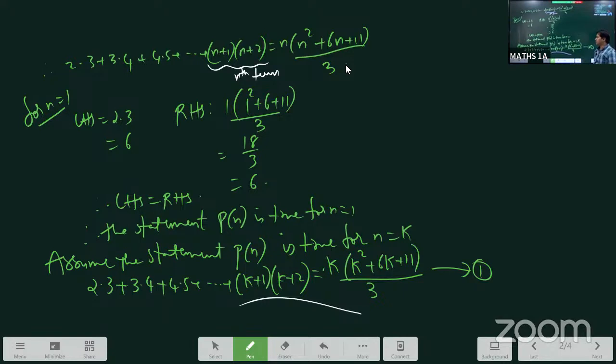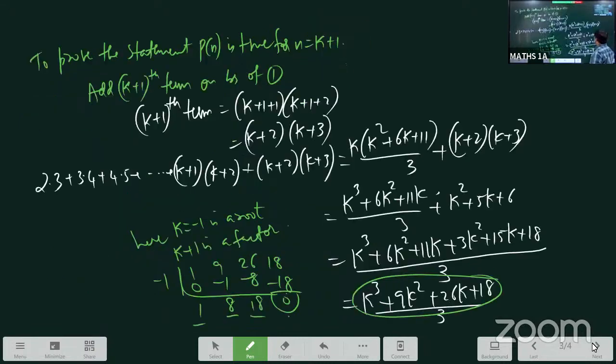Now assume the statement is true for n equal to k. Directly you put n equal to k on both sides. Next, we have to prove for n equal to k plus 1, means add the k plus 1th term on both sides. So how to get the k plus 1th term? Every sum the same procedure. Substitute n as k plus 1 in your nth term. Is it clear?